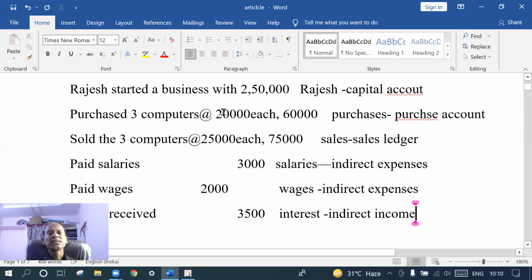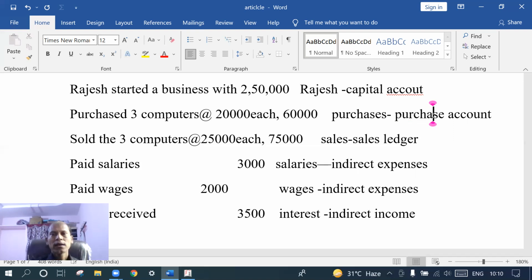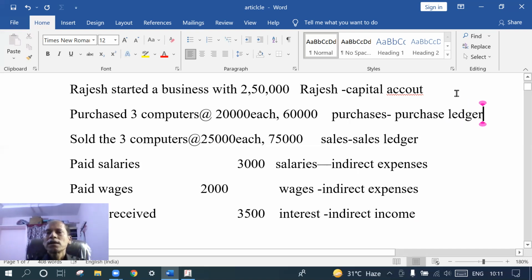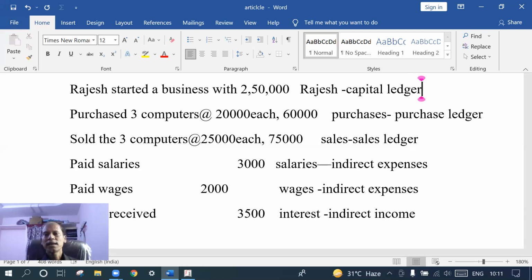Purchased 3 computers. This is purchases. These purchases should be saved under purchase ledger. Ledger or account, both are the same, but I say it like this to understand easily.